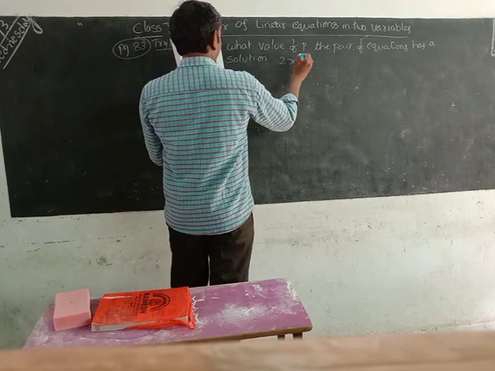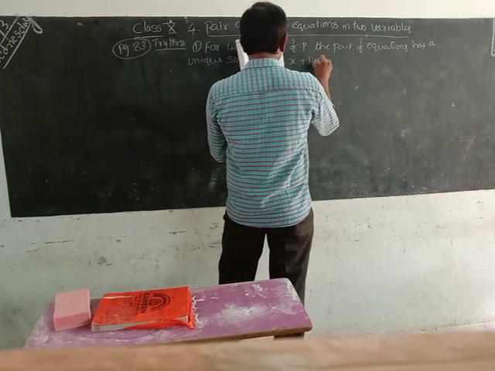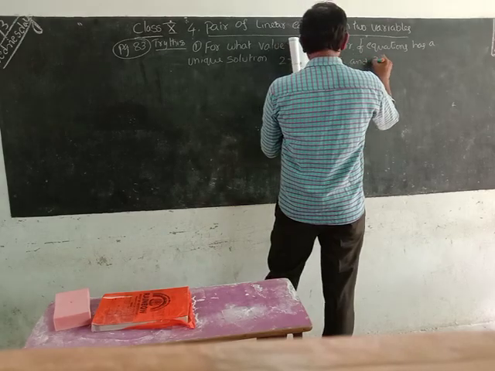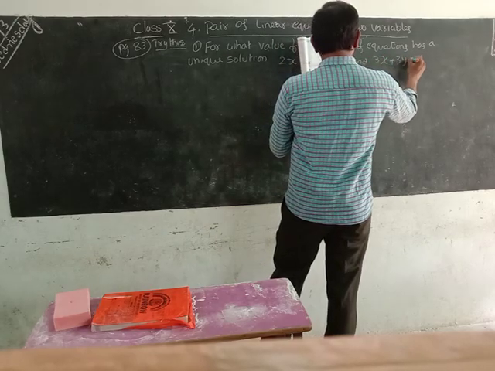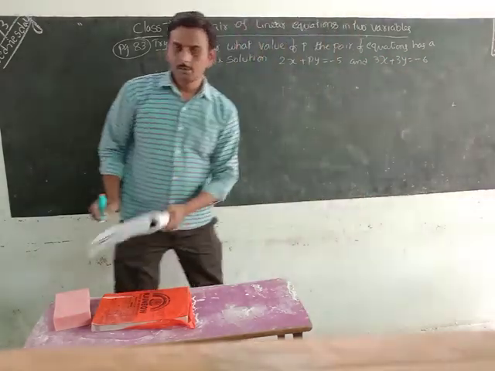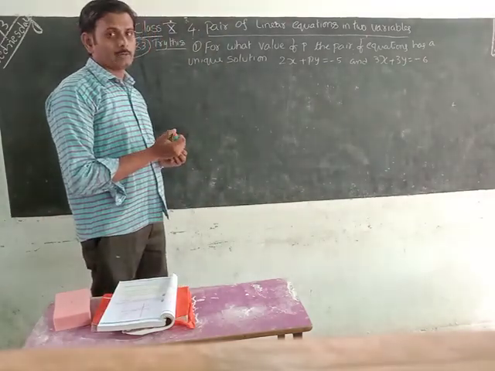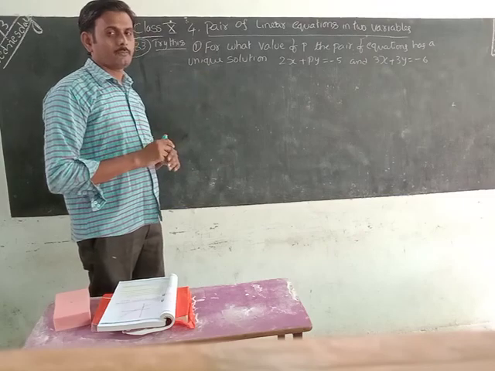What is given there? 2x plus 3y equal to minus 5 and 3x plus py equal to minus 6. Okay, first read carefully. Identify which category it is, and only then can you do the sum very easily.